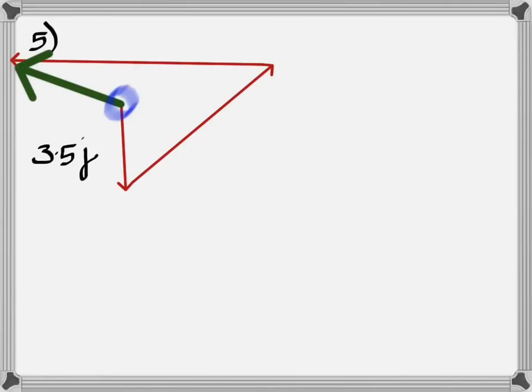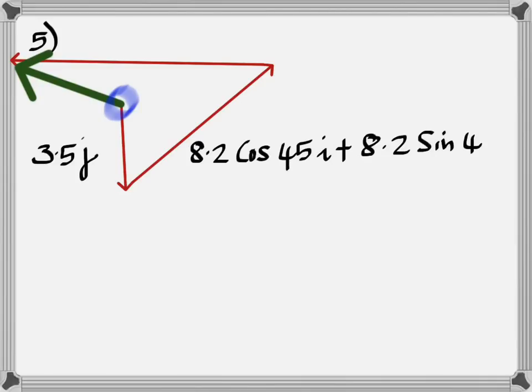5, that's how the dog moved. First to the south, then northeast, and then to the west.